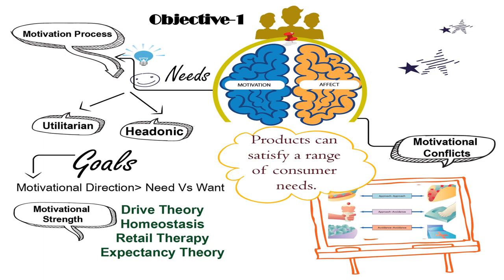And in another example, we can see athletes delivered a better athletic performance when they drank water from a gathered cup during strenuous exercise. And there are different theories indicating the motivational strength.